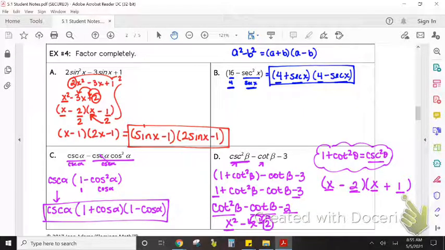All right, we didn't divide anything out. We didn't multiply anything out, so there's nothing to divide by. So we just got to switch it back now. Our trig function was dealing with cotangents. So we know that this is cotangent of beta minus 2 times cotangent of beta plus 1. And so there is our factored form because we can't factor any further.